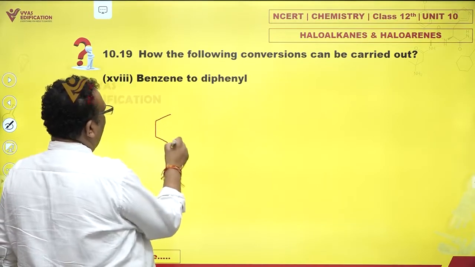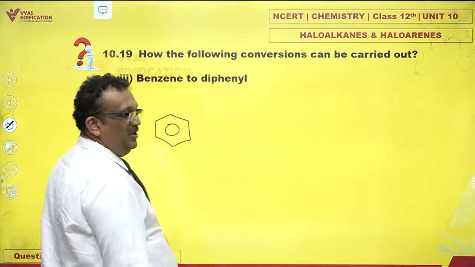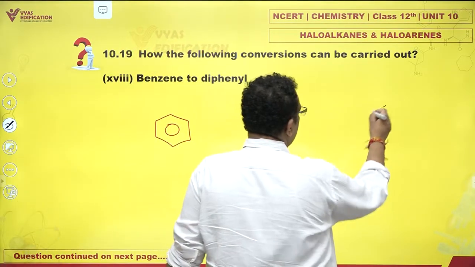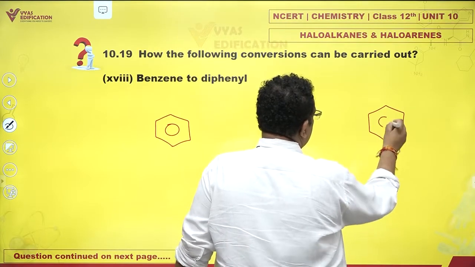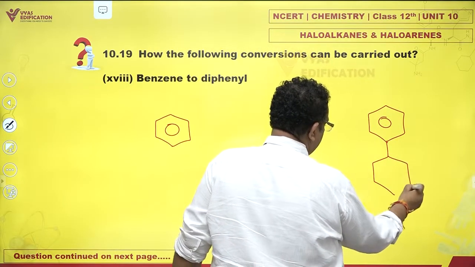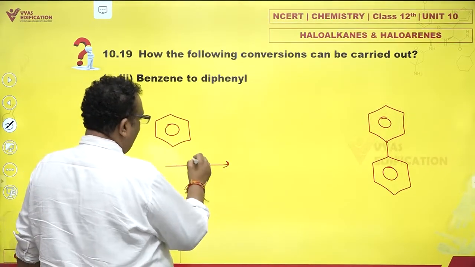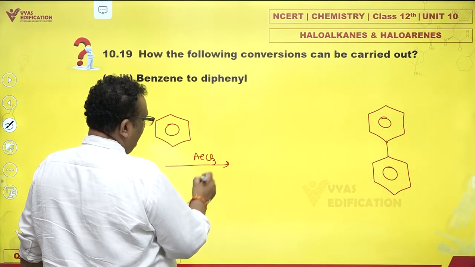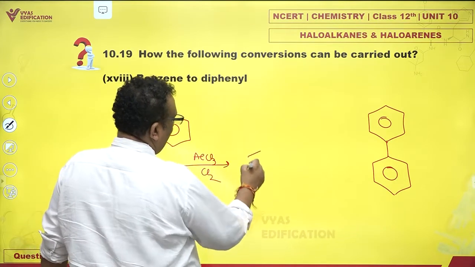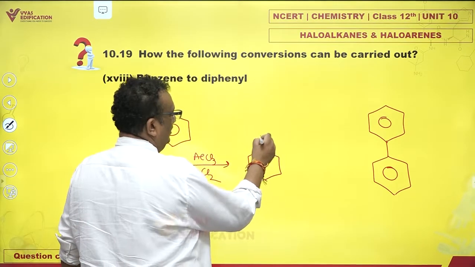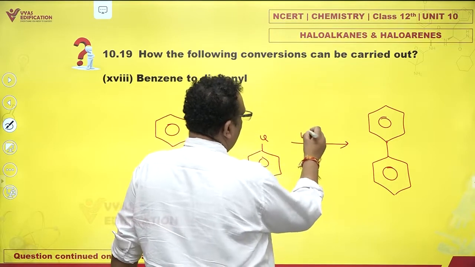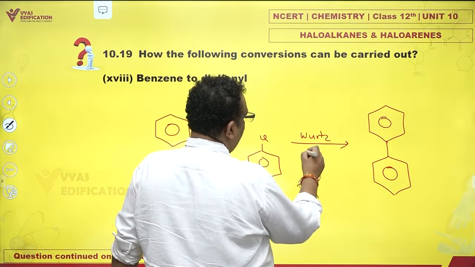Benzene to biphenyl is again a repetition. Old questions have been shamelessly repeated in NCERT, which is a hallmark of NCERT. How do we do this? Well, AlCl3 and chlorine. You get chlorobenzene, and then you use Wurtz-Fittig reaction.